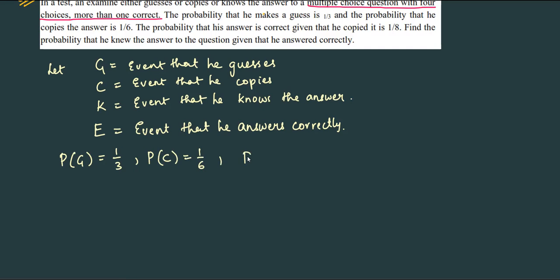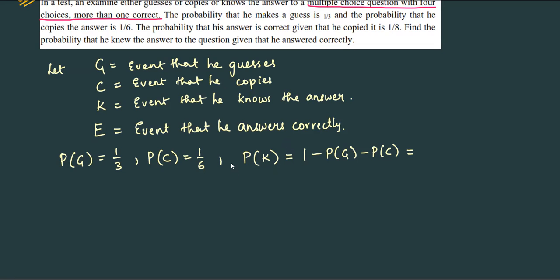So the probability of knowing, given that there are only 3 options, will be 1 minus probability of guessing minus probability of copying, because they are mutually exclusive events. If he guesses, he will not copy. If he copies, he will not know the answer. So the union will be 1.